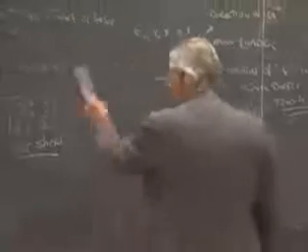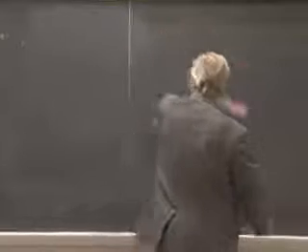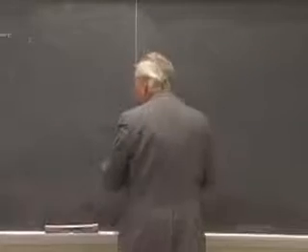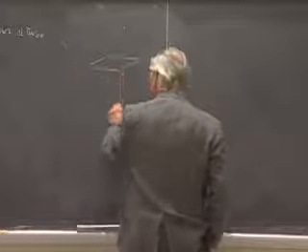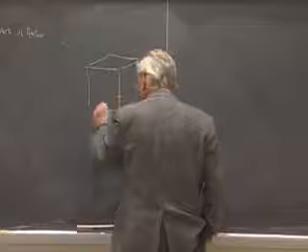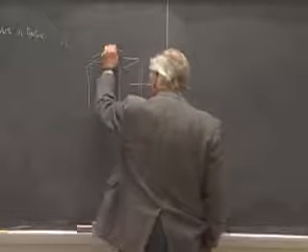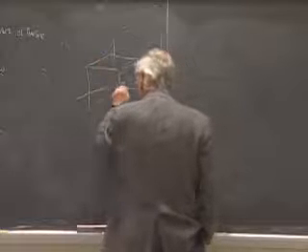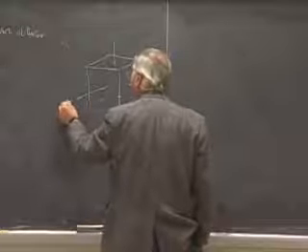Let me then proceed to show that the trace of the strain tensor is indeed the change in volume. And what I'll do is to look at an element of volume that is oriented along the principal axes of strain.